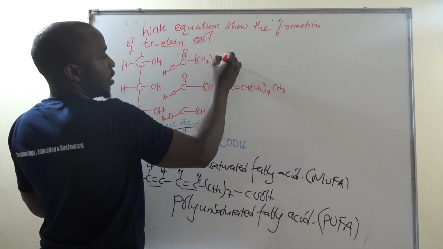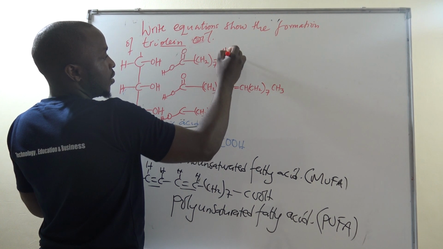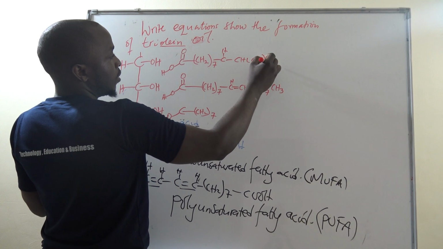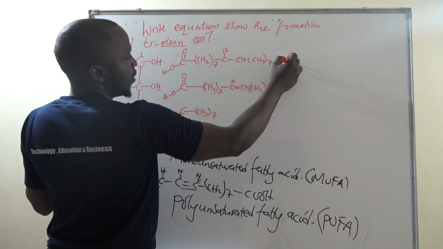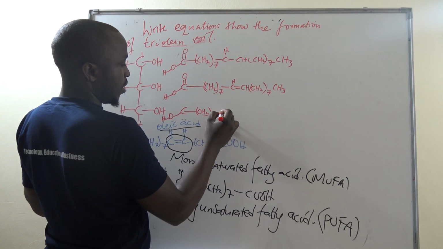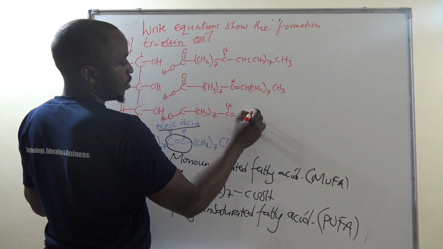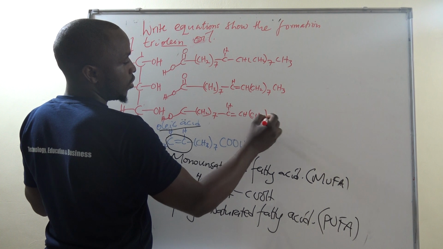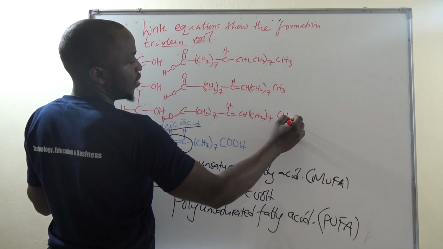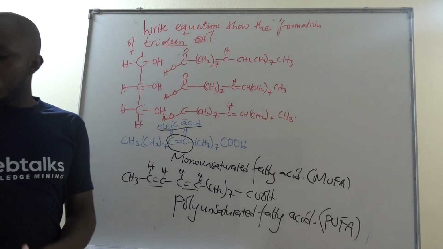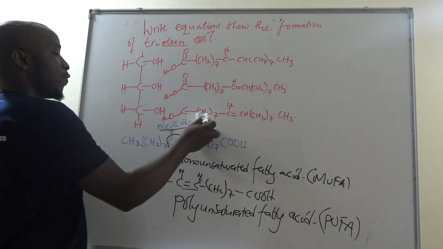Then here, CH, CH, CH2, 7, CH3. The same thing here: CH, CH, CH2, 7, CH3. So how is the triglyceride called triolein now formed?